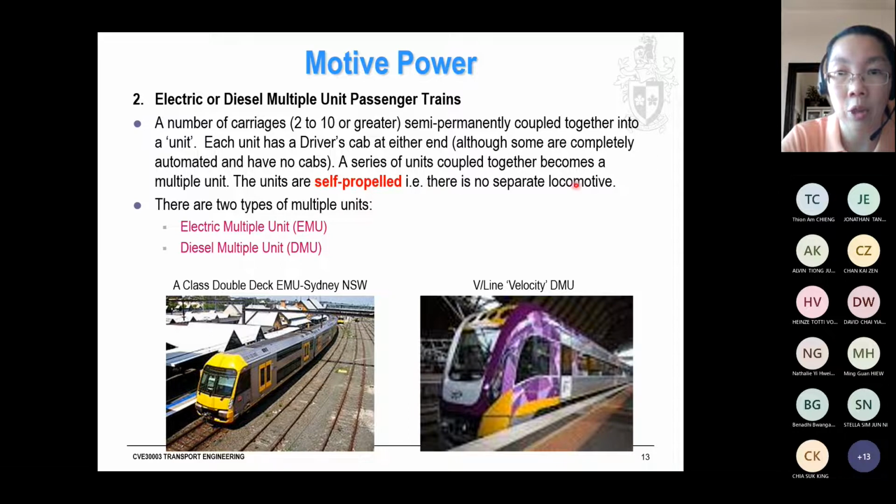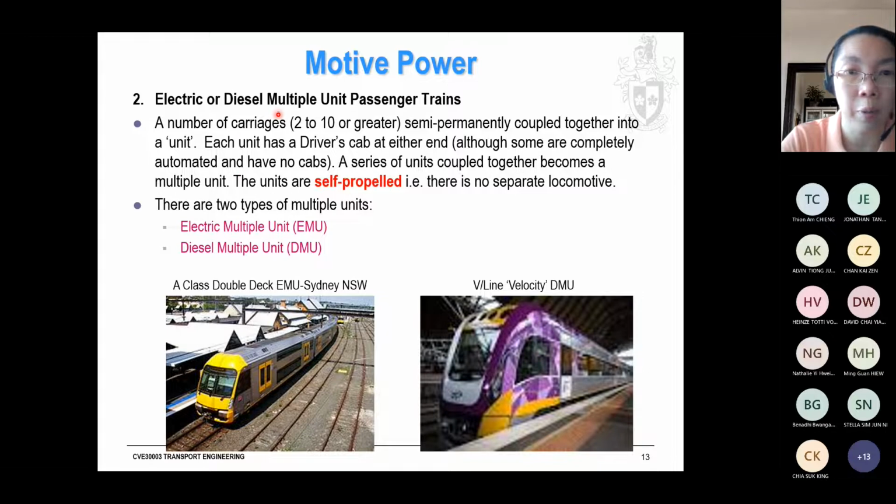That is, there is no separate locomotive. All right. So what the difference is that for this type, electric or diesel multiple unit, EMU or DMU in short, the power comes together with the carriages.